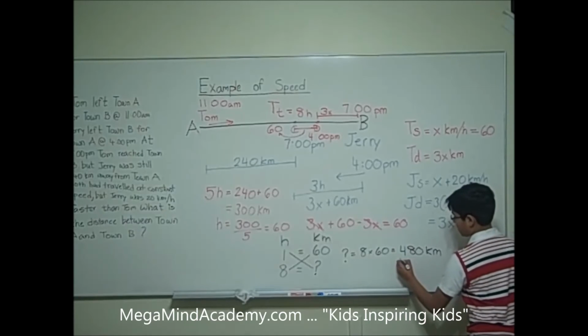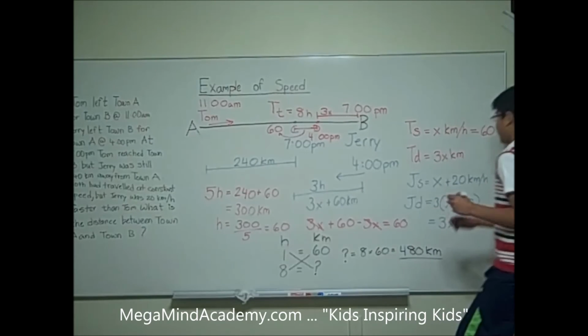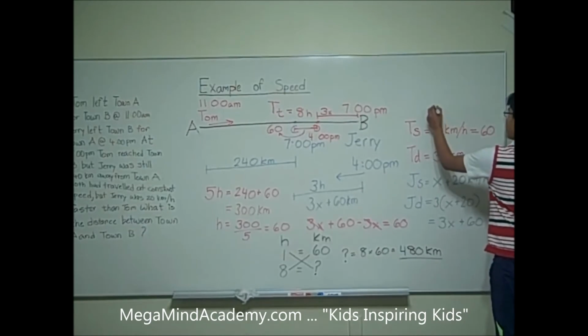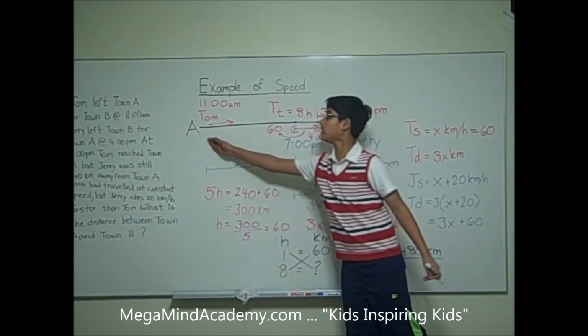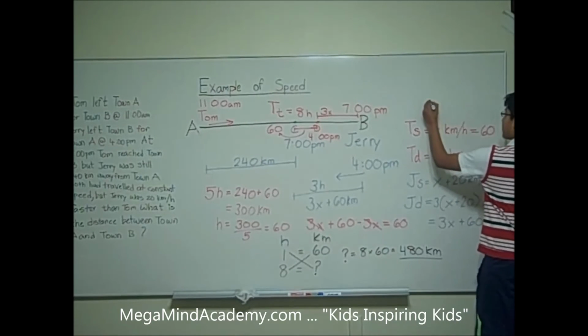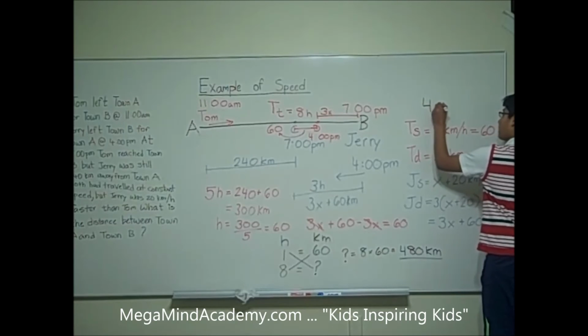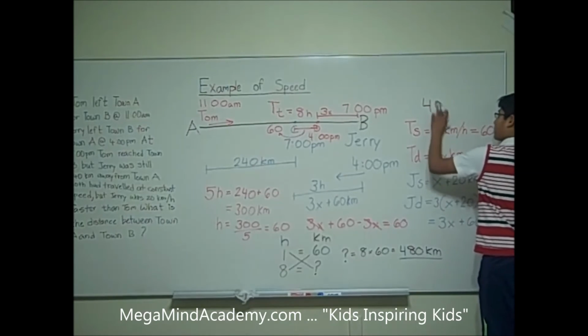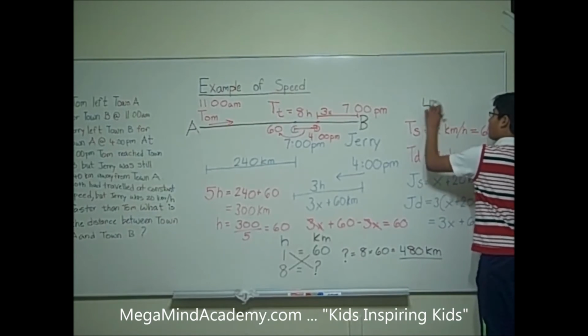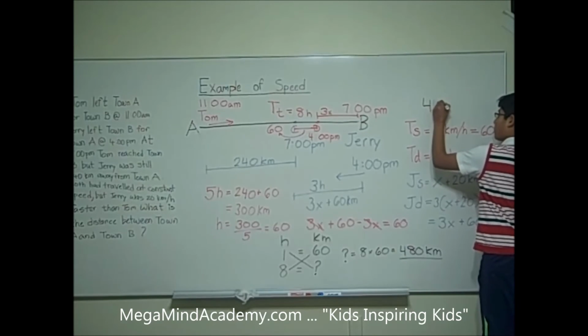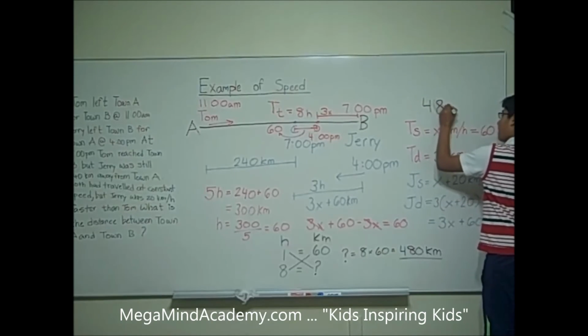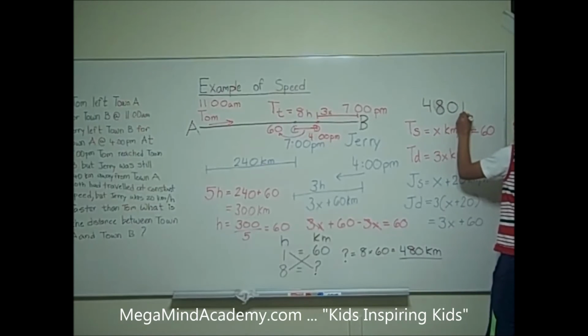So the answer to this problem is 480 kilometers. The distance from town A to town B is 480 kilometers.